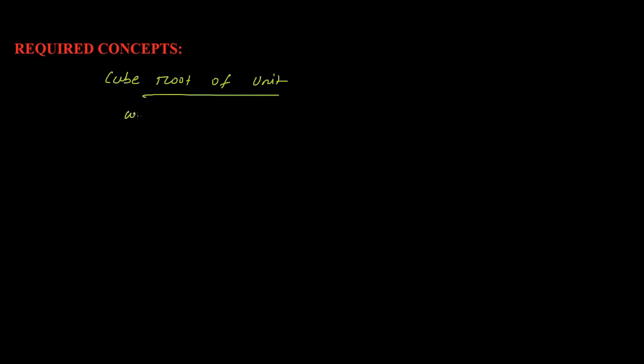We know omega is minus 1 plus root 3 iota by 2. Omega square, if you take the square of omega, you will get minus 1 minus root 3 iota by 2. And what else do we need? 1 plus omega plus omega square will become 0.